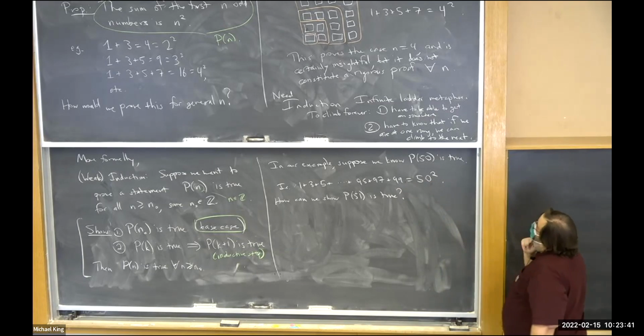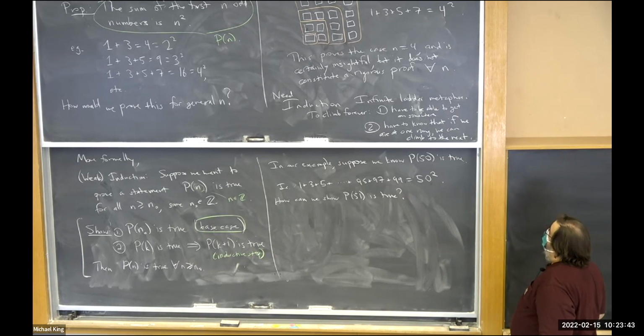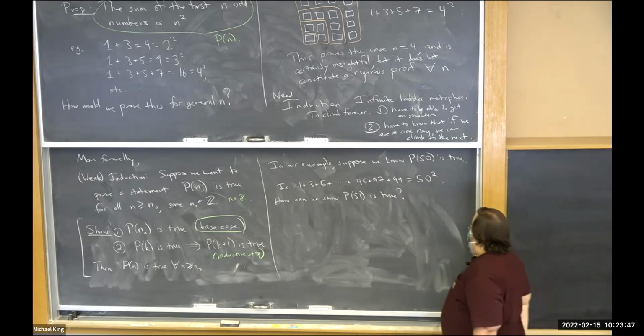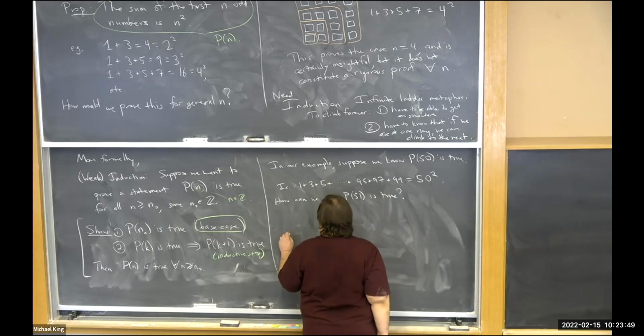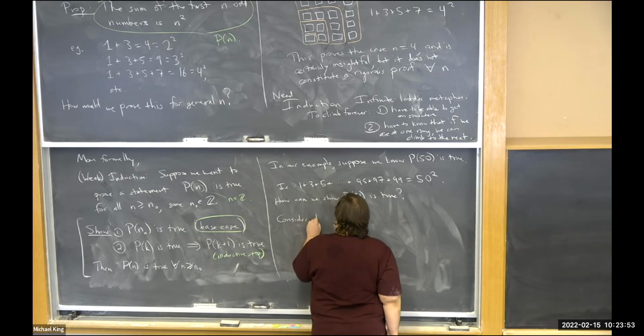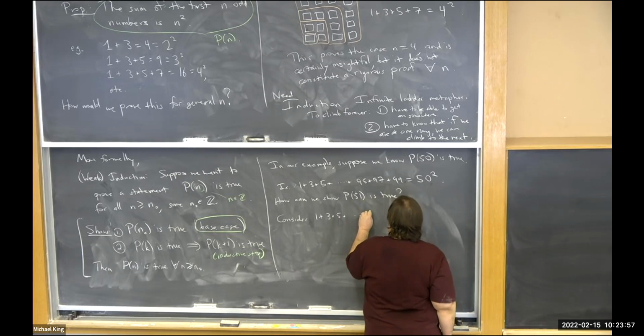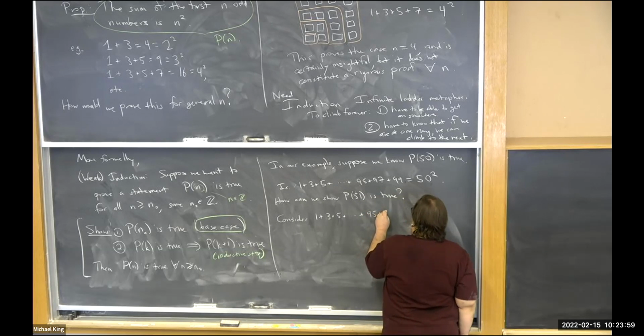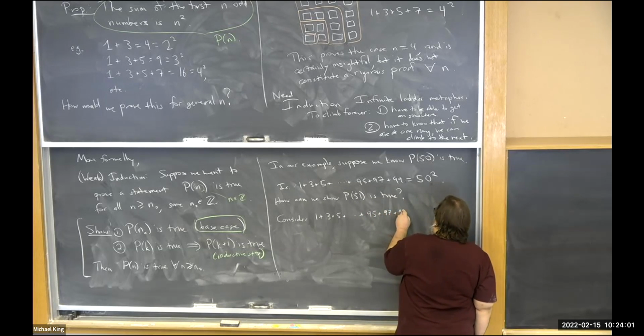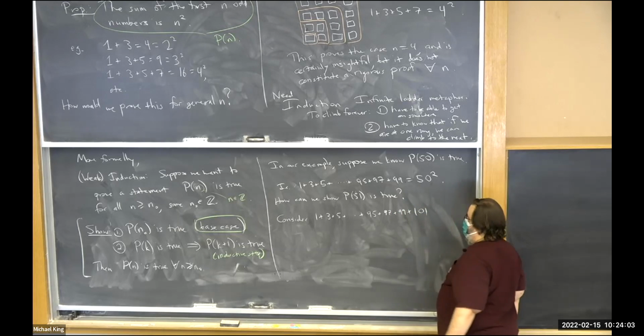Now there's a couple ways to go about this, but maybe let's try to use that picture for insight. So let's consider that sum of the first 1 plus 3 plus 5 plus 95 plus 97 plus 99 plus 101.